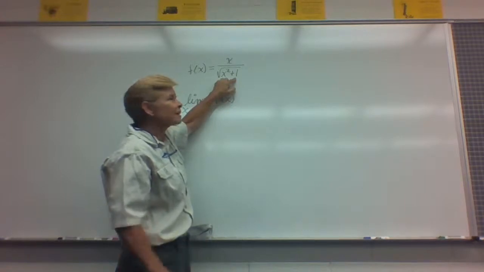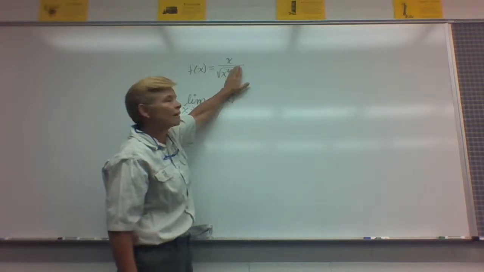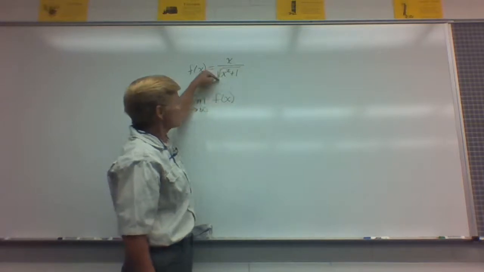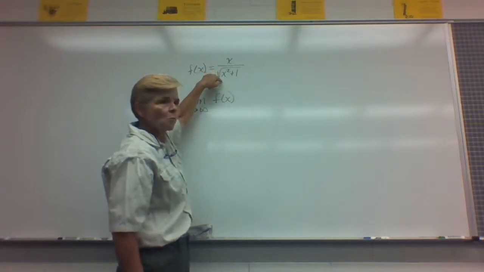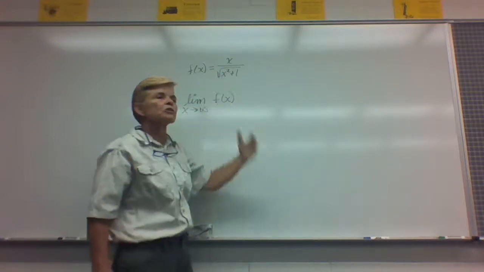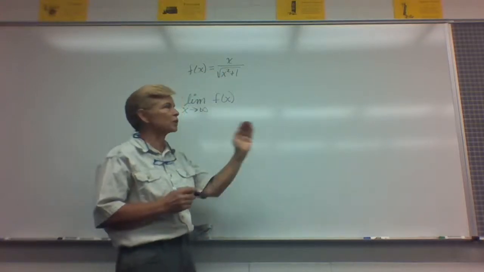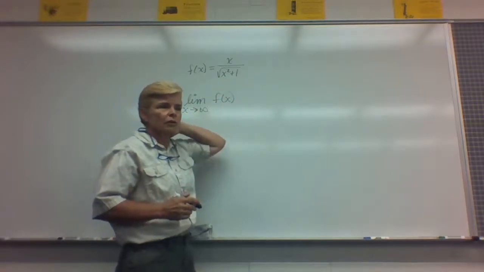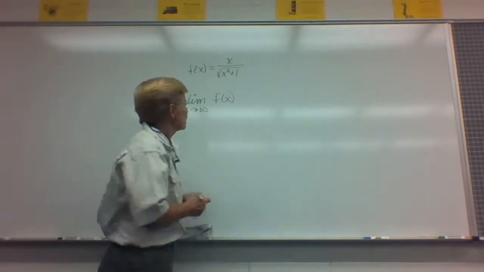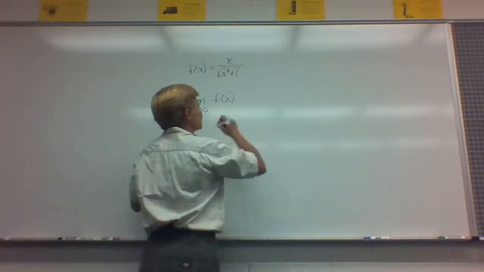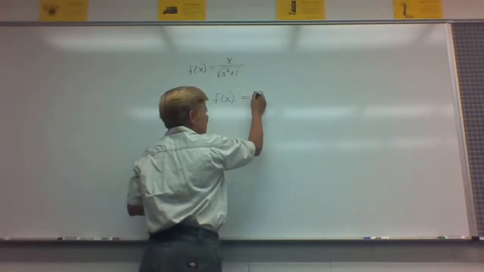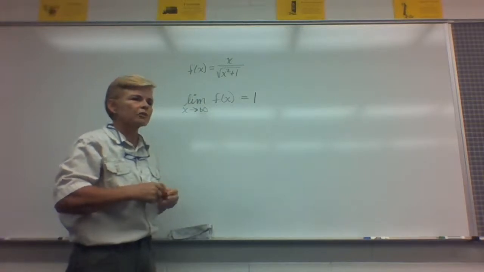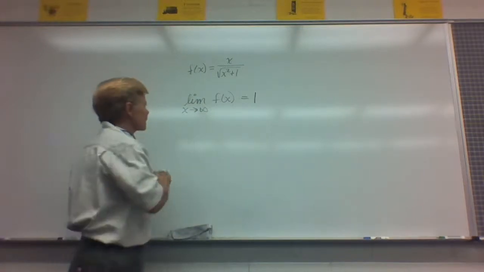So let's pretend that it doesn't contribute anything. Because the square root of x squared is x, you end up with x over x, just getting closer and closer and closer to 1. As x gets really large, this becomes less and less significant, and we end up really looking at x over x, right? And so we say this is 1 by reasoning and analysis. We can also verify in the calculator in just a minute.